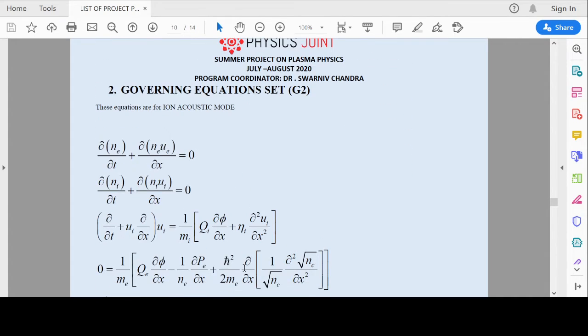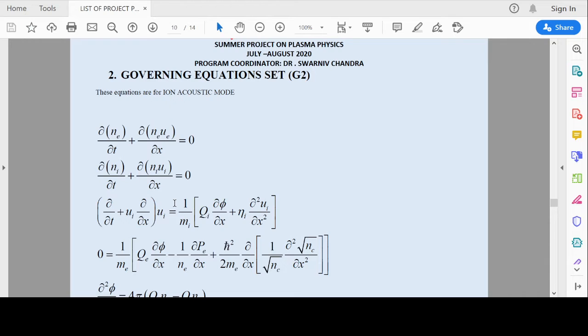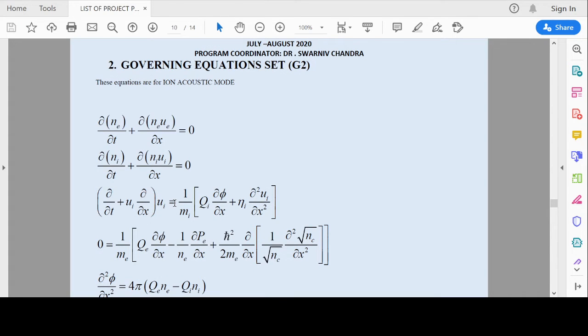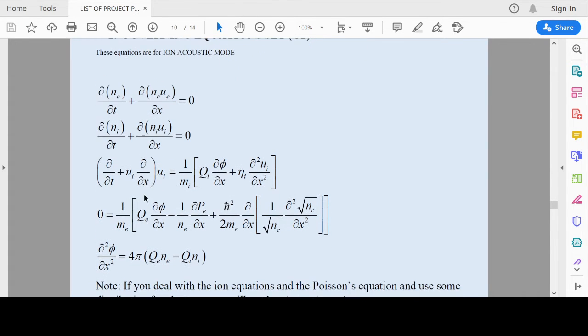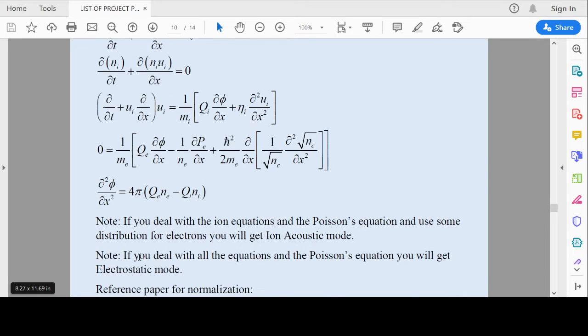Now, coming to the ion acoustic mode, you see there are two ways of solving. For instance, these are the 5 equations: the ion momentum equation, electron momentum equation, ion continuity, electron continuity, and Poisson's equation.